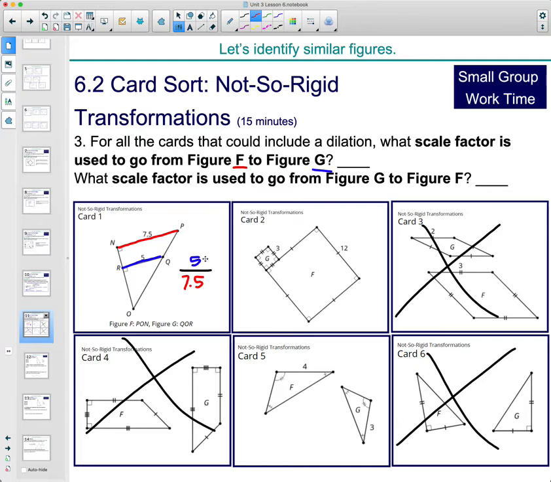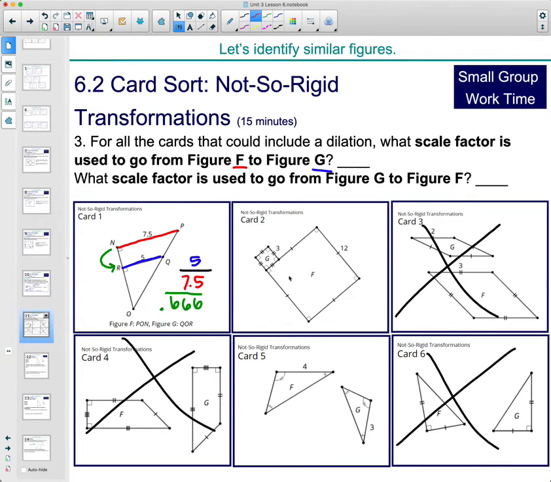Which feels kind of backwards, but it's where you want to go divided by what you have. And remember, if it's getting smaller, it should be less than 1. So when you take a look at those two numbers, make sure you put the smaller one on top, bigger one on bottom, because we're trying to go from bigger segment to smaller segment. So this should be less than 1. And if you'd like to write it as the decimal, that's 0.666 repeating.